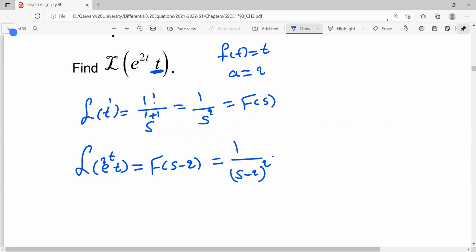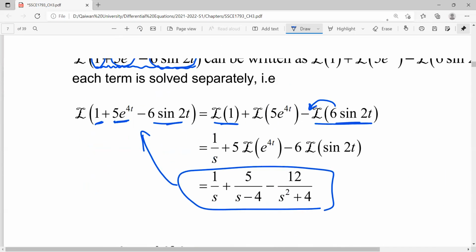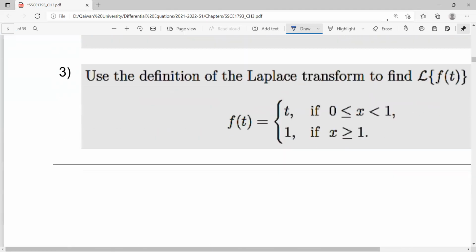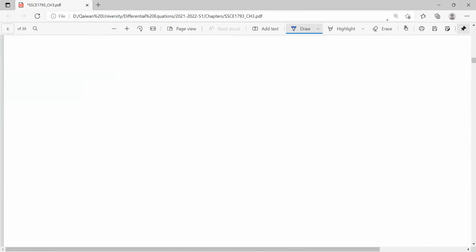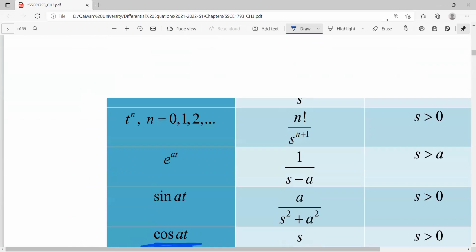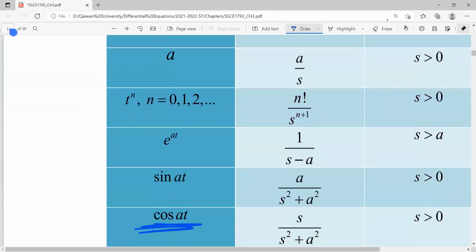A question: for f of t, is the rule always a over s? No, it's not always. It depends on the function. If the function is a polynomial, here you have the rules: if it is t to the power n, it's n factorial over s to the power n plus 1.